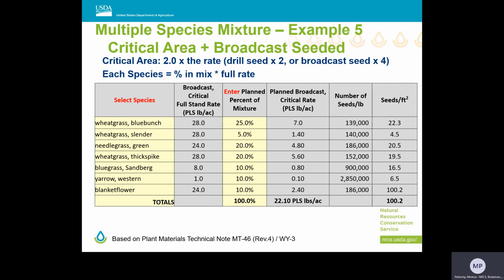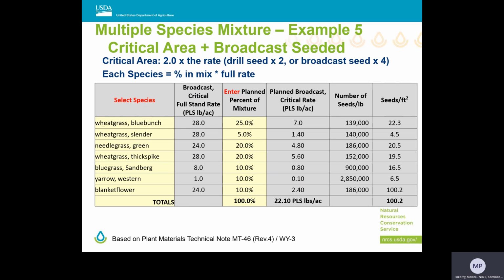We also double the seed rate if we broadcast seed a critical area. So just to clarify that, if you're broadcast seeding, you double the rate on a good site. If you're broadcast seeding on a critical area, you then double that rate again. So broadcast seeding on a critical area is going to quadruple the seeding rate.